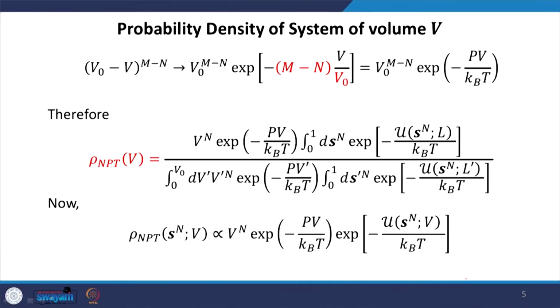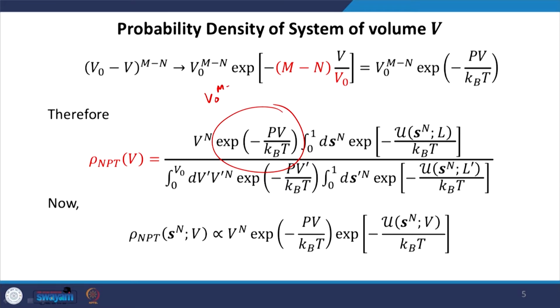This is pretty much given by the expression, where the only change that we have made from earlier is we have replaced that factor V naught minus V to the power m minus n with the exponential of minus PV by kBT, and there was a V naught to the power m minus n here that got multiplied with another volume there and got cancelled.